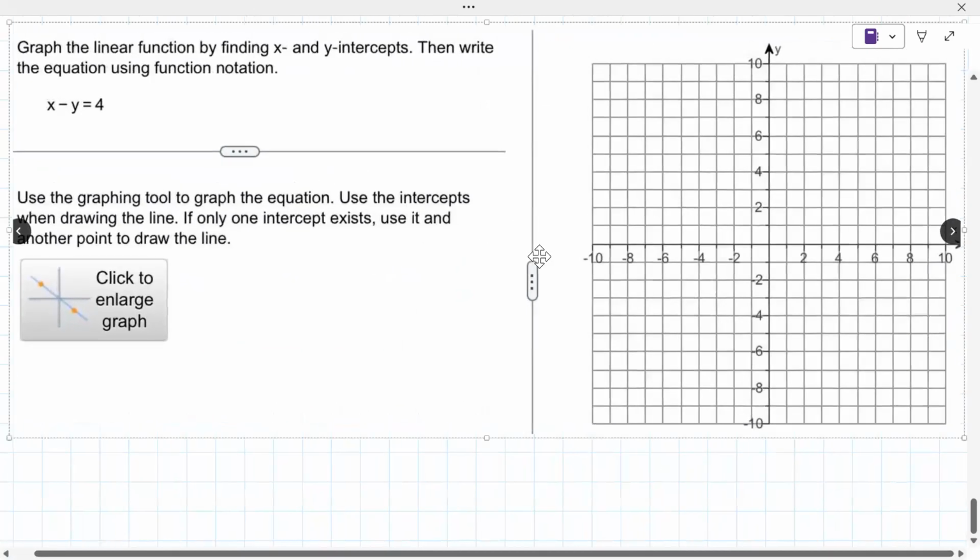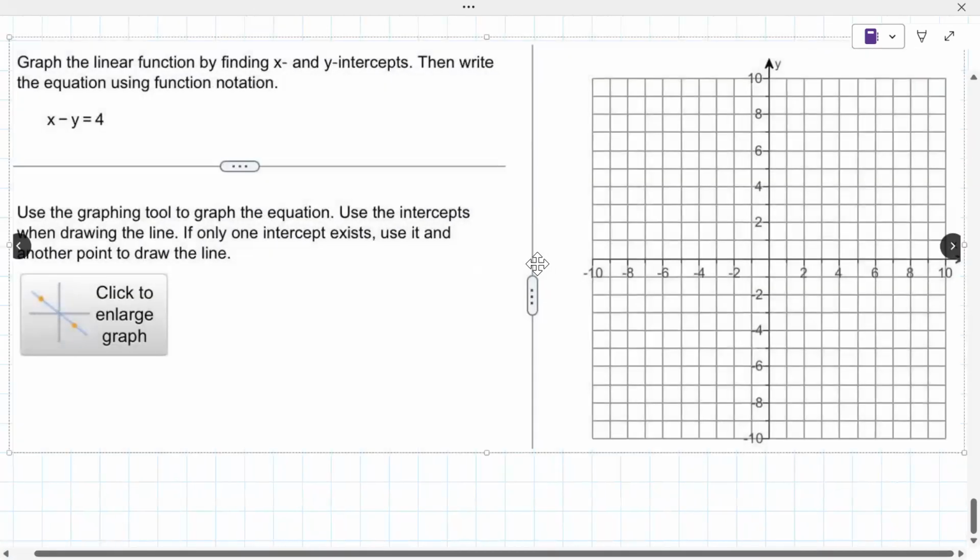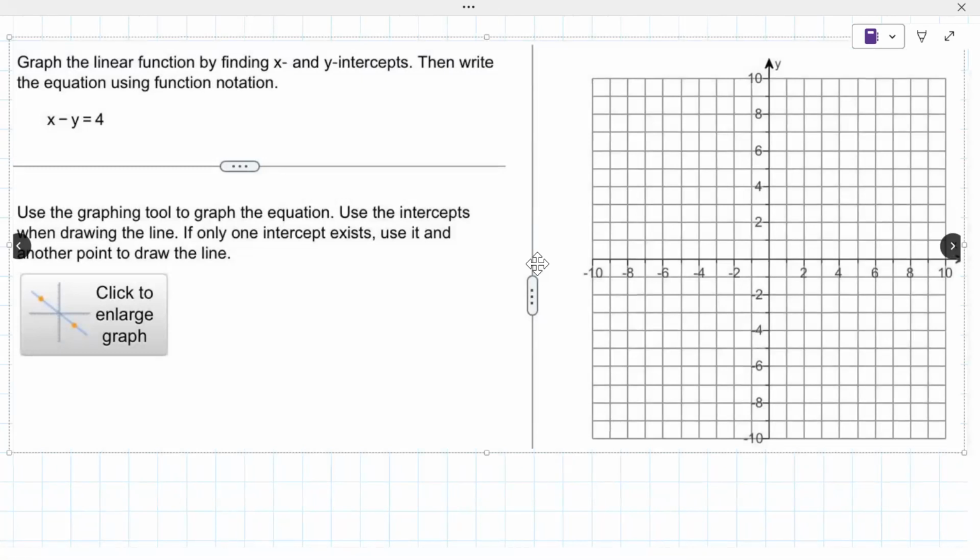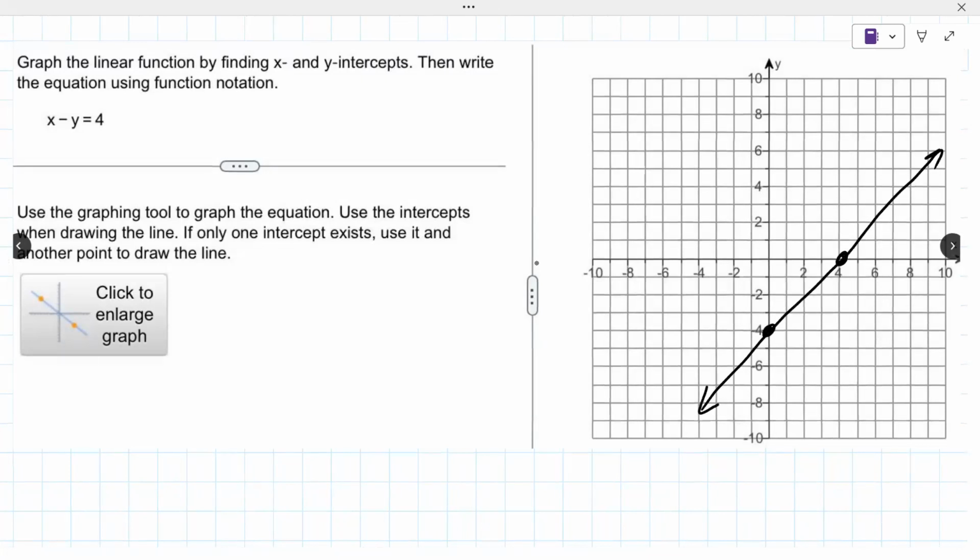Would y be -4 since it's minus y? Yes. Okay, got it. Great. Now the next thing here is to solve for y.